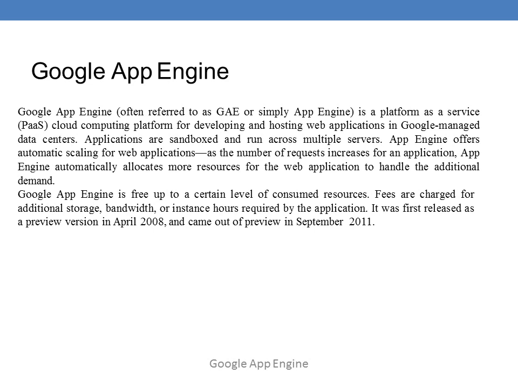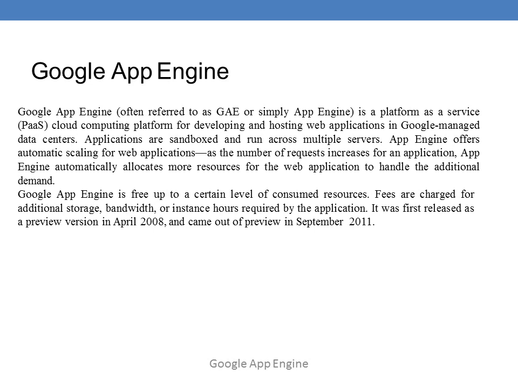Applications are sandboxed and run across multiple servers. App Engine offers automatic scaling for web applications. As the number of requests increases for an application, App Engine automatically allocates more resources for the web application to handle the additional demand.